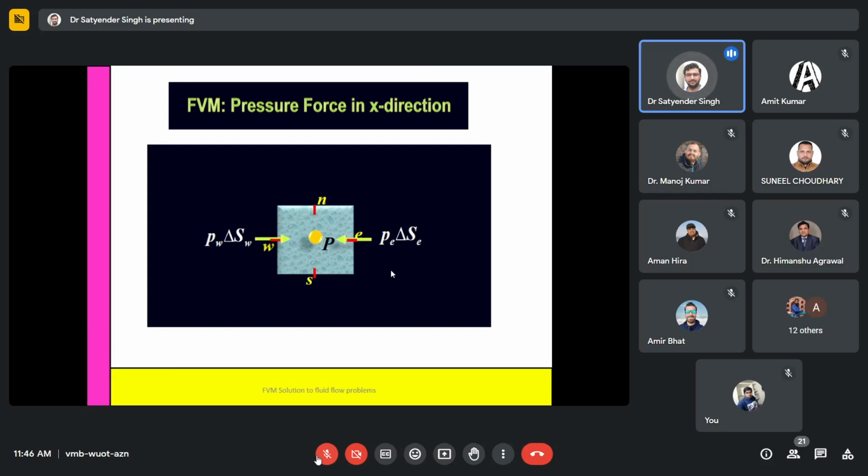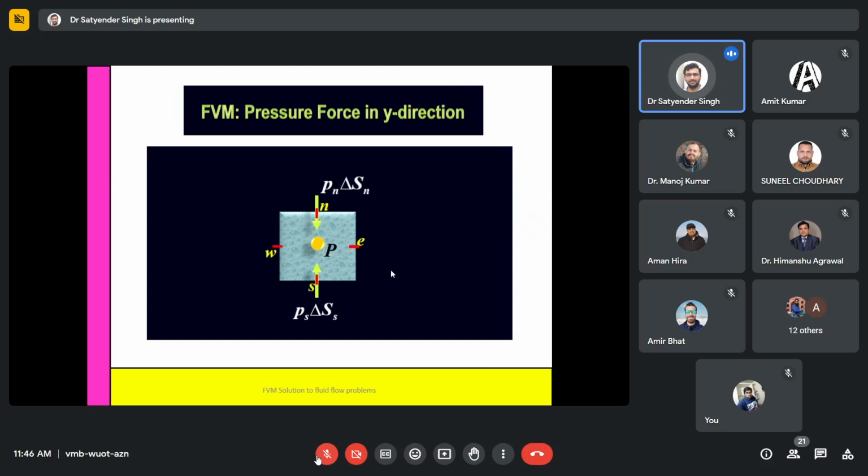If you solve it for the velocity, then you will remain with one unknown, that is pressure. So there comes the need of an algorithm that was given by S.P. Patankar, one of the Indians, who particularly originated the SIMPLE algorithm, and that will then be applicable for their solution.